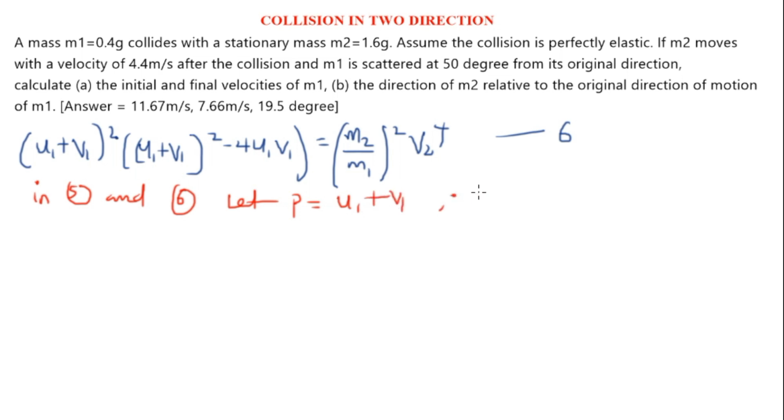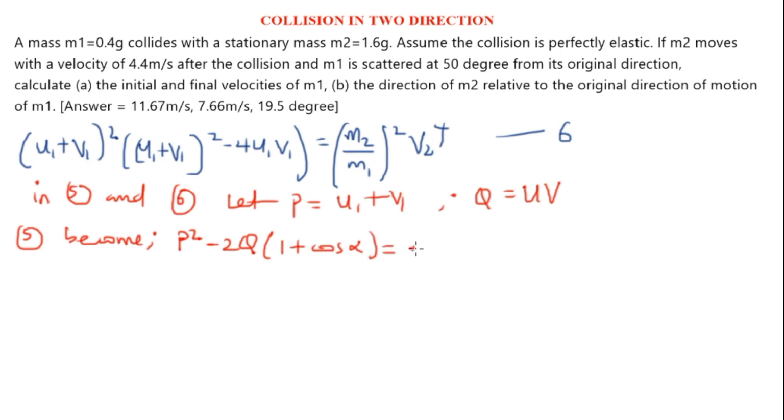We want to simplify further, and let q be equal to u1 v1, so that equation 5 will now become p squared minus 2q (1 plus cos alpha), which is equal to (m2 over m1) squared, and then v1 squared. That's equation 5.